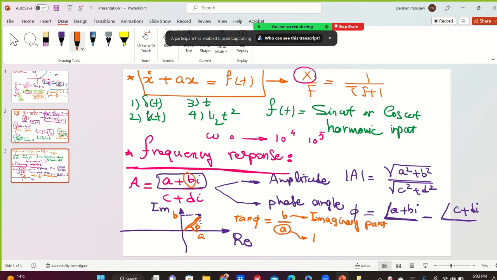On the other hand, the phase angle of this is going to be the inverse tangent, or arctangent, of B over A.